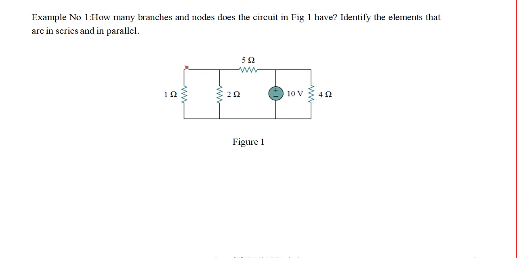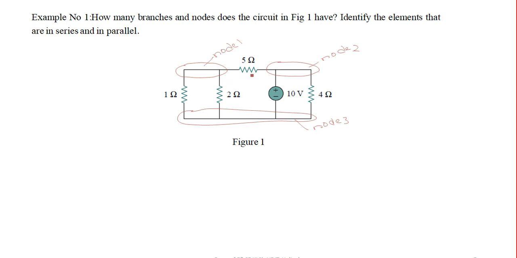The first common point we have is this one. The second common point is this one, and this is the third. These points where the common elements are meeting, we can call them nodes. We'll call this node number 1, node number 2, and node number 3.